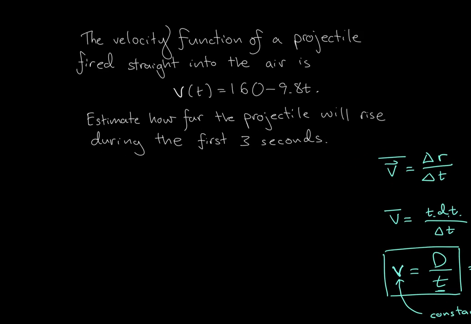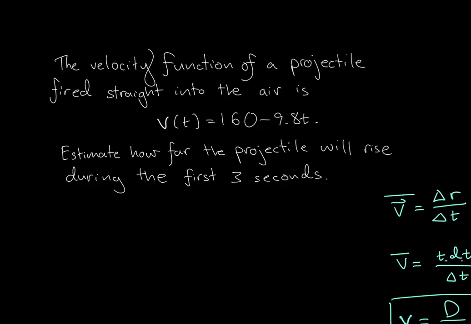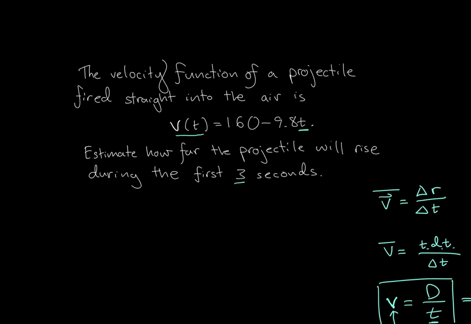So what we can do to make this work is to not let that much time pass at the beginning. Instead of waiting the full 3 seconds, let's just allow this projectile to soar for 1 second maybe.